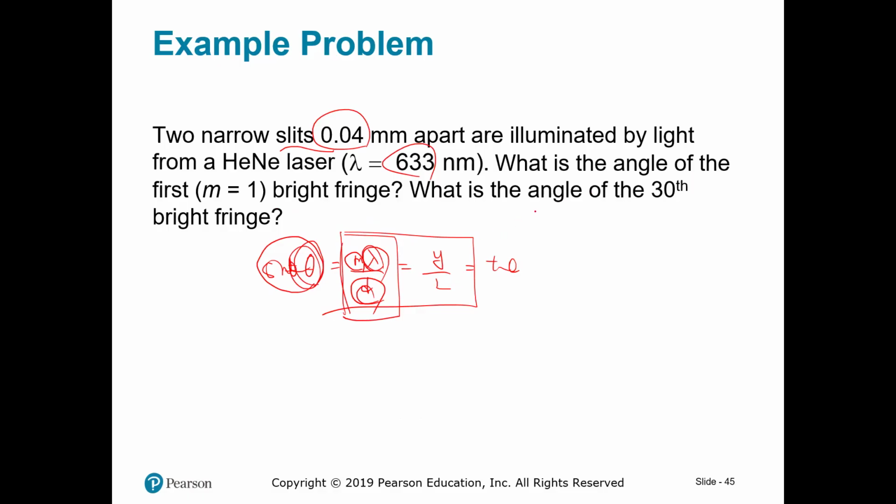Okay, so that's not bad, right? Another simple question. What is the angle of the 30th? Then now you have m is 30, lambda given, d given, and then you change the theta here, right? So theta will be given, right? So you can find it.